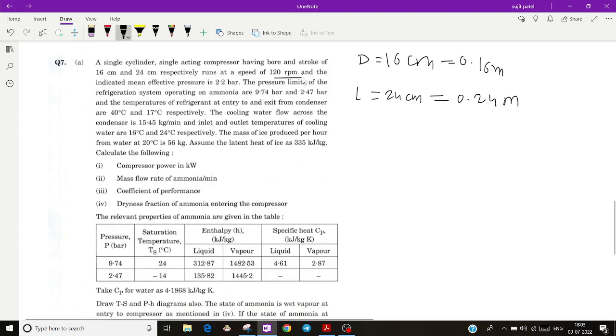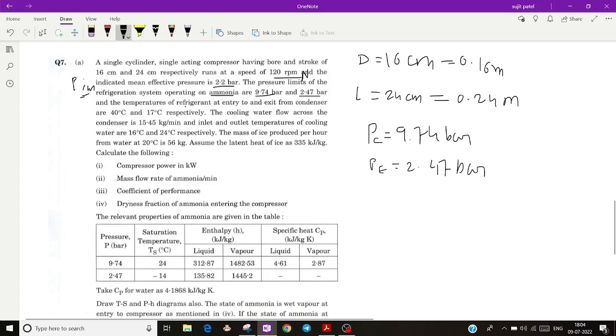So this is N given, and the indicated mean effective pressure, which I am denoting with PIM, is 2.2 bar. The pressure limits of the refrigeration system operating on ammonia are 9.74 bar and 2.47 bar. That means condenser pressure is 9.74 bar and evaporator pressure is 2.47 bar.